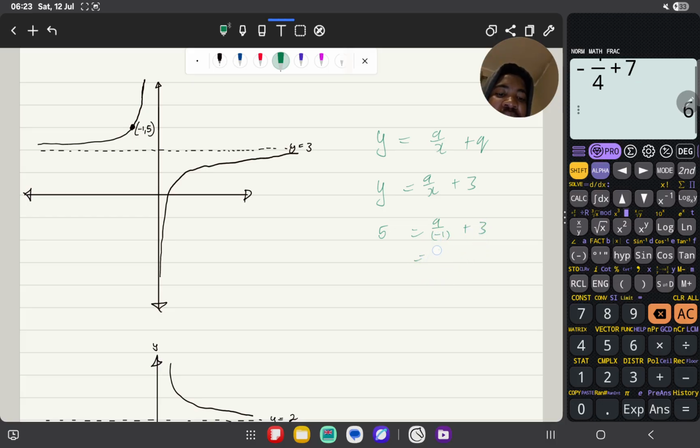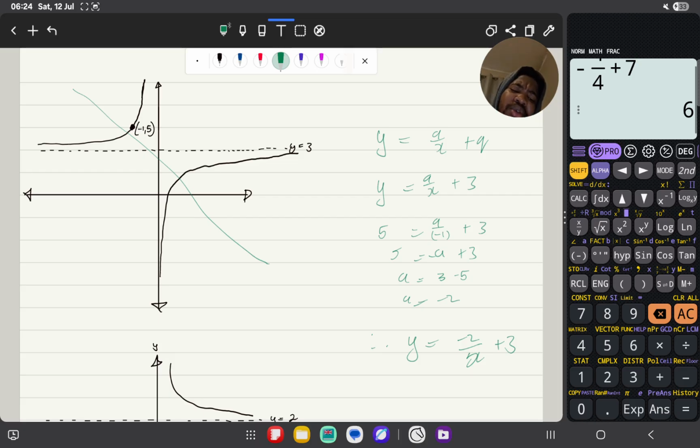So you have negative a plus 3 equals 5. Therefore a equals 3 minus 5. A gives you minus 2, right? And therefore you have y equals minus 2 over x plus 3. And it makes sense why we have minus 2, because when we draw a straight line, it's a decreasing straight line, right, with a negative gradient.